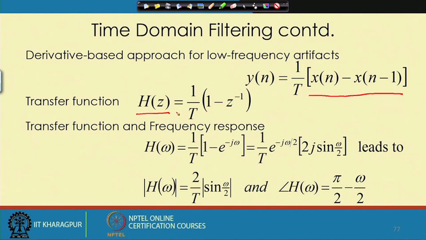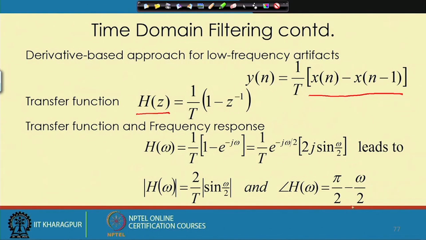If we take z equal to e to the power j omega T, then we can compute that the value H(omega) comes with a sine and the angle is pi by 2 minus omega by 2.